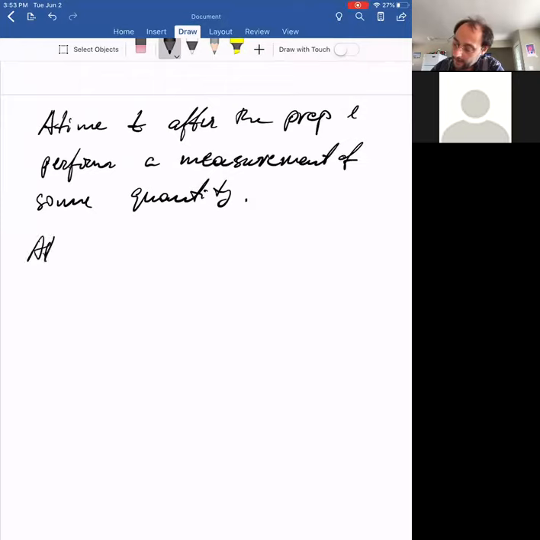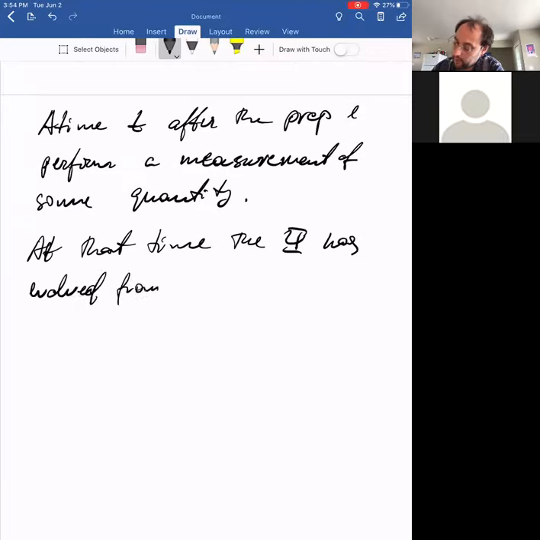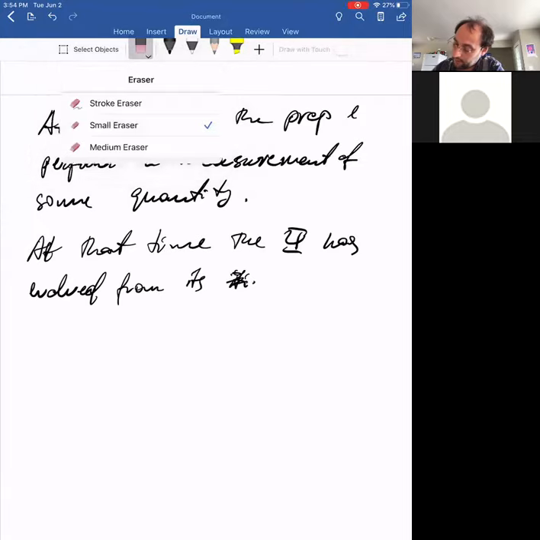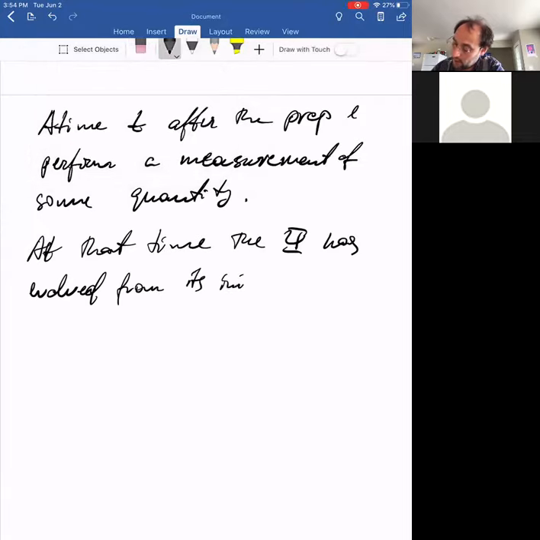At that time, the wave function has evolved from its initial form. It is now some function of space and time, right?